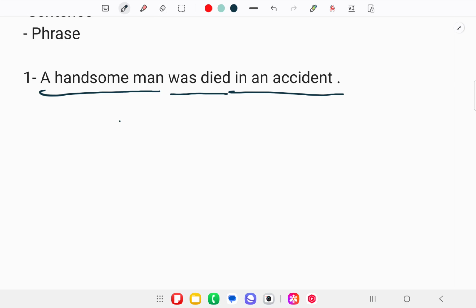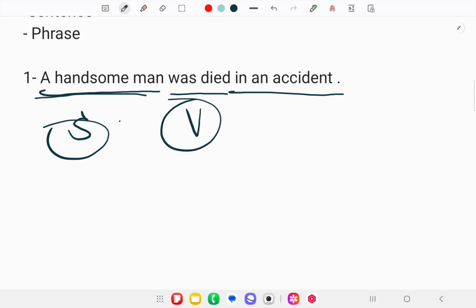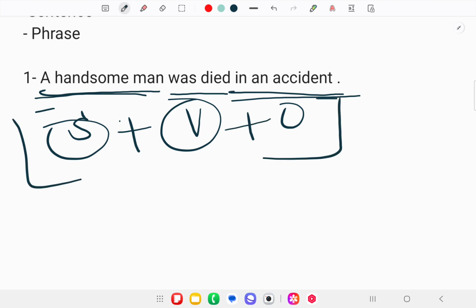According to this rule, the handsome man is the subject portion, this one is the verb portion, and this one is the object portion, and this sentence follows the rules of general grammar. Next, we can also say that here we have three kinds of phrases.